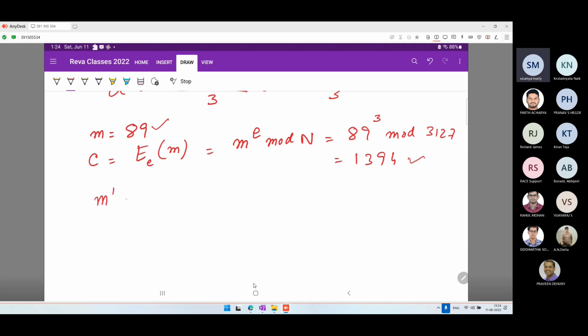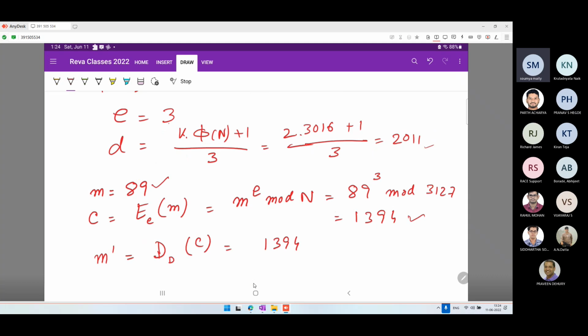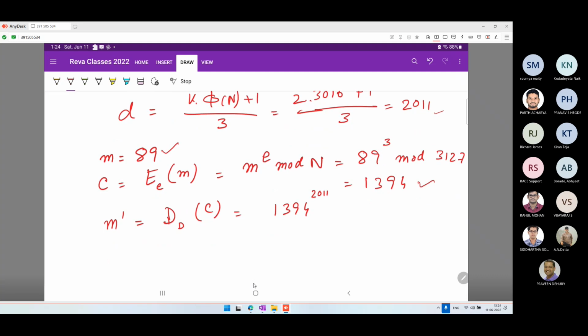Now when we decrypt, let's see, M dash equals the decryption function using the decryption key on the ciphertext. That is, C power D mod n.